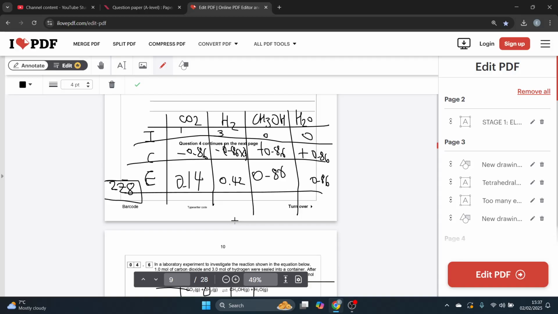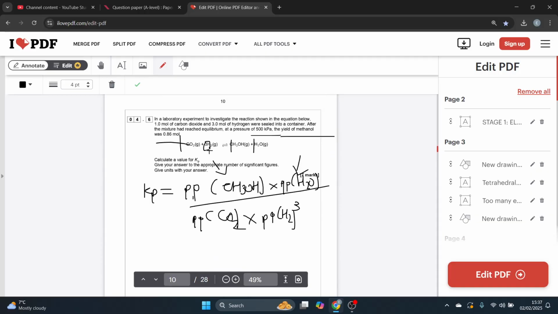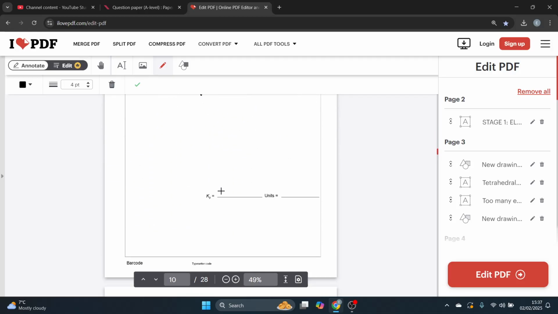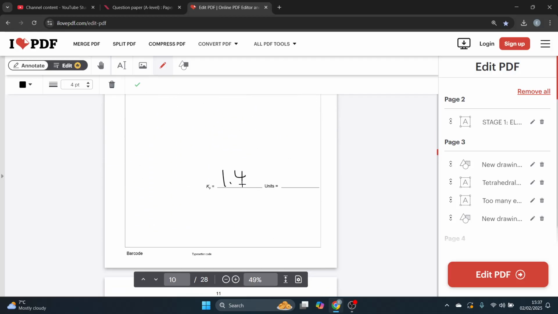And remember, with hydrogen, we've got 3 moles of it, so it is cubed. I get Kp as 1.48 times by 10 to the power minus 3.